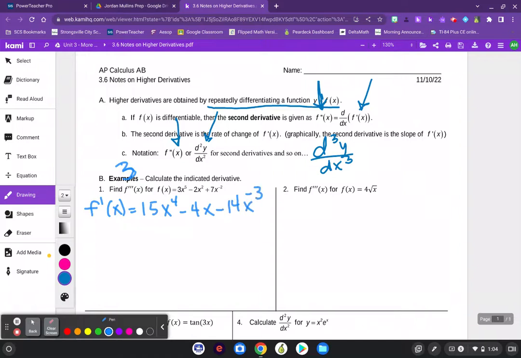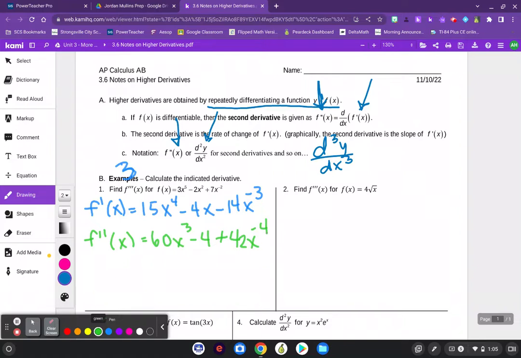Right, power rule, multiply coefficient by exponent, subtract 1 from the exponent. So I'm going to take the derivative of that. So this would be the second derivative. When I take the derivative of that, I have 60x cubed minus 4 plus 14 times 3, which is 42, x to the negative 4.